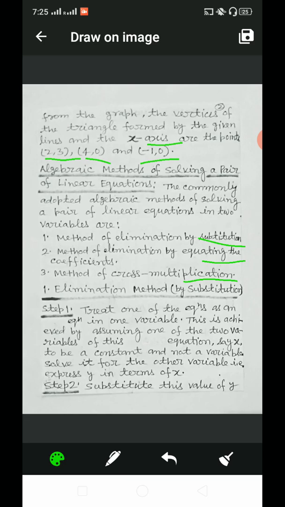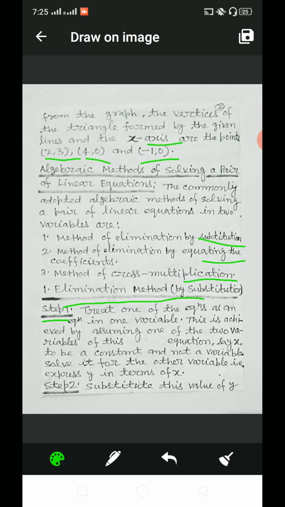Now we start the elimination method by substitution. Here there are some steps we follow to find the solution of the given question.